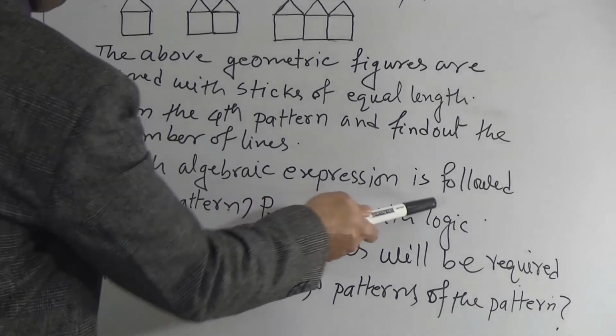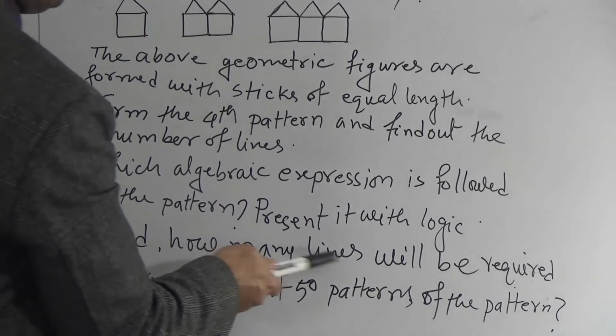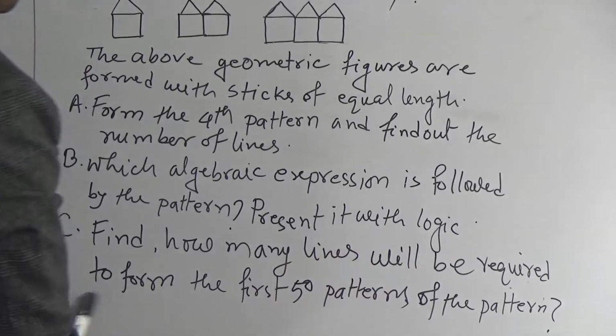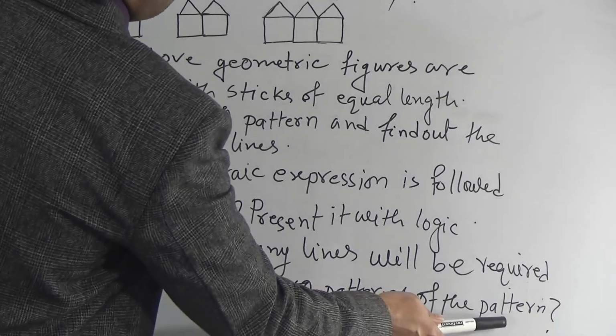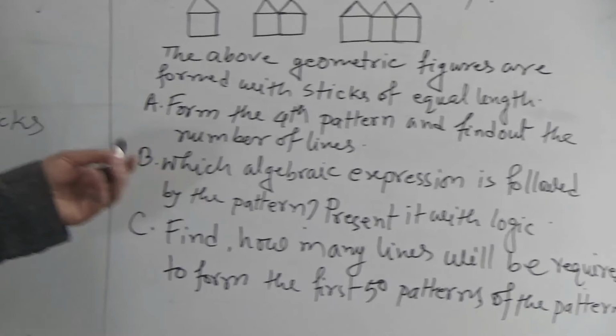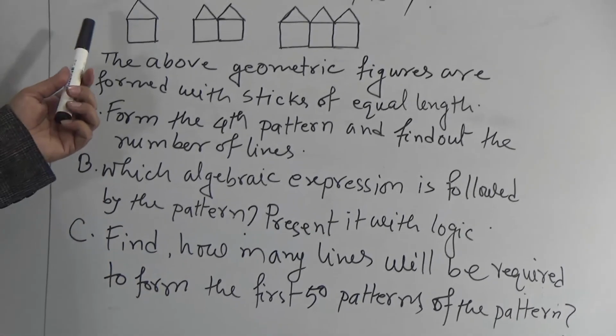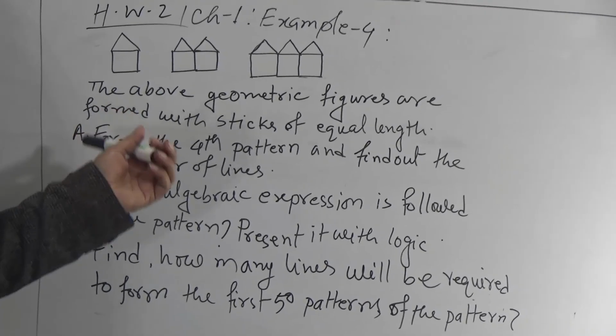Present it with logic. Question C. Find how many lines will be required to form the first 50 patterns of the pattern. Okay, dear students, this question is solved in your book in example 4 at page 8. Do this as your homework.